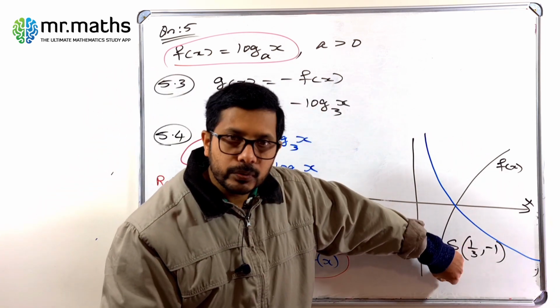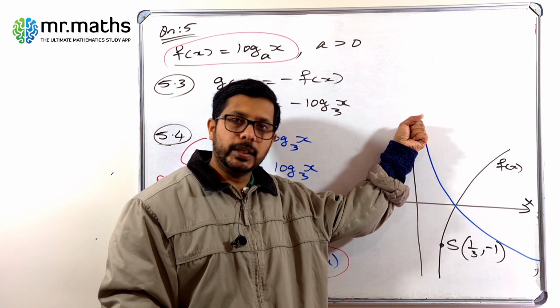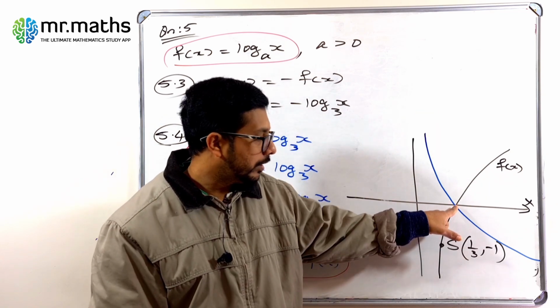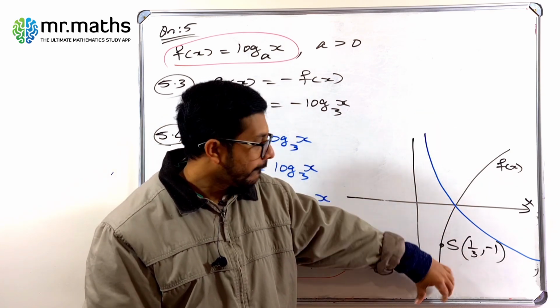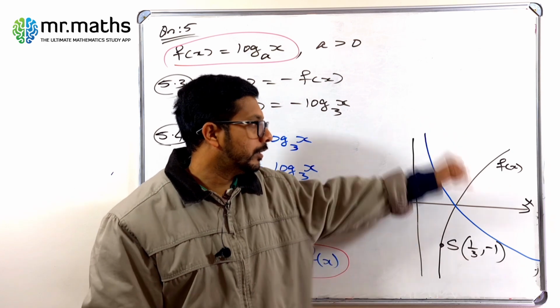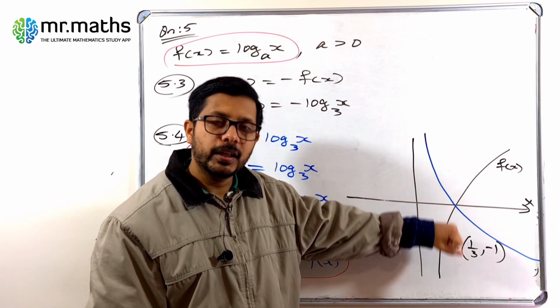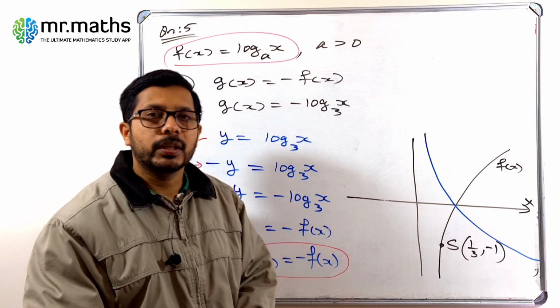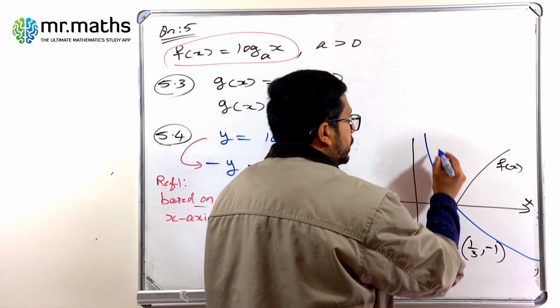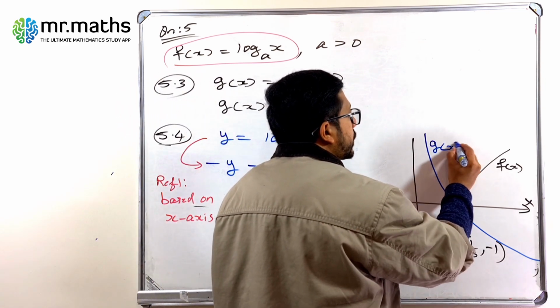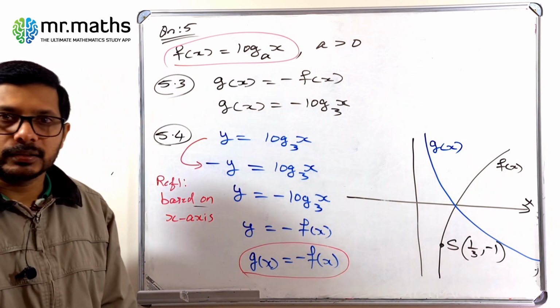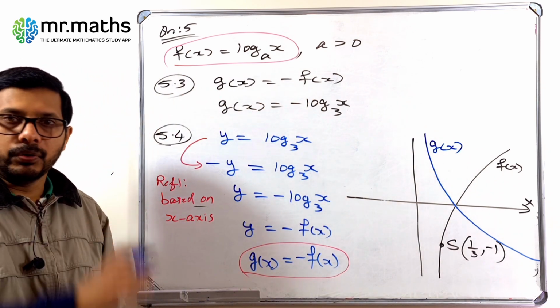Can you see that if I hold this one, I can put it like this, and this one is acting like a hinge? Can you see that? So that is reflection based on the x axis. They call this graph g of x, that is a reflection of f of x.